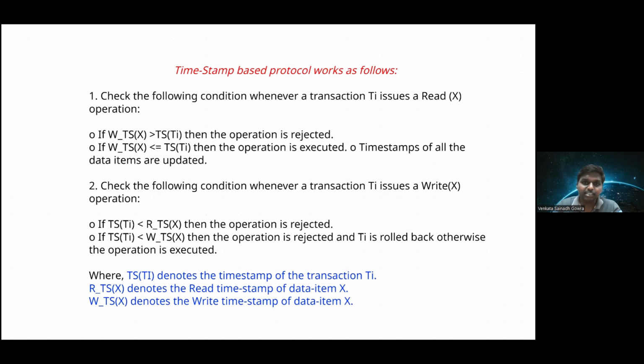If the transaction is to read, R TS of X. If it is to write, W TS of X. In this way, the timestamp based protocol eliminates the deadlock occurrences, the starvation time and the waiting time which occur in the log based protocol. So the timestamp based protocol is very helpful when you are working with transactions in DBMS.